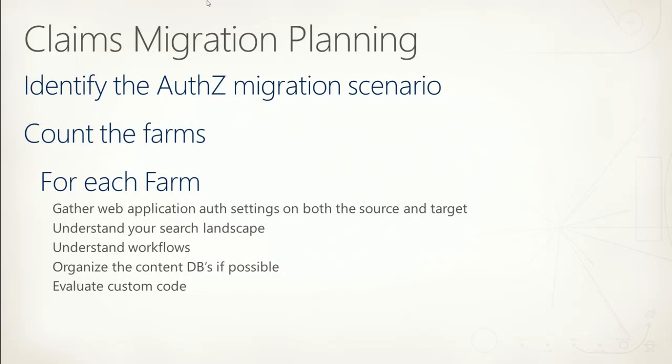Both of those farms have to have the same type of ACL, the same flavor of ACL, otherwise your security won't work. So you have to count the number of farms you have. It's farm specific. For each farm, you're going to do these things. You're going to gather some information. You're going to understand some of the workflows because there are some implications when you migrate from Classic to Windows claims and to SAML claims around workflows. And we'll talk about that again, and then the custom code.